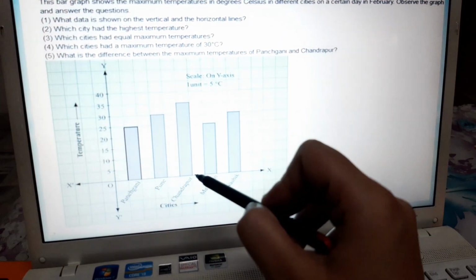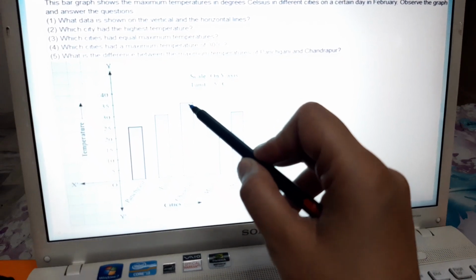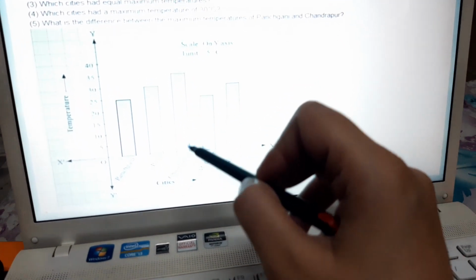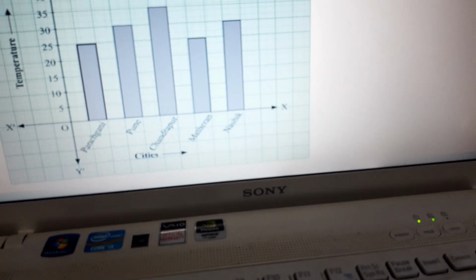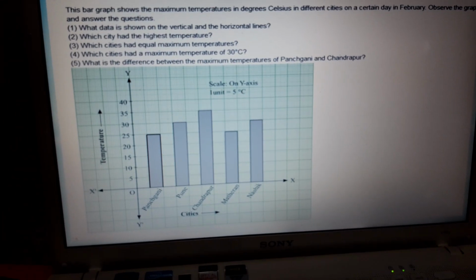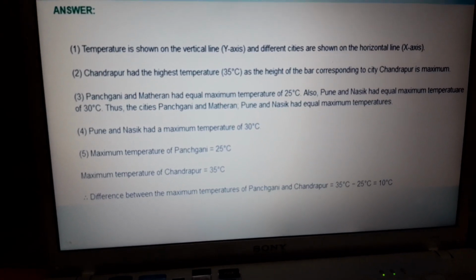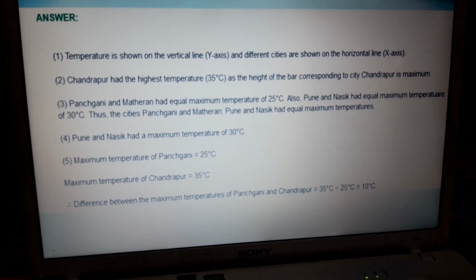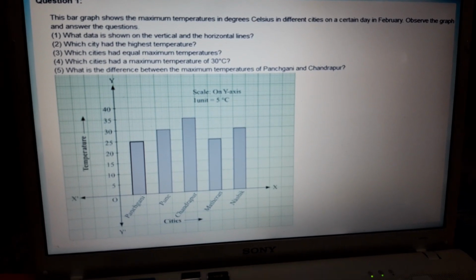Now you can see from here that this bar is having the greatest height, that is 35. What is the name of this city? The name of the city is Chandrapur. So Chandrapur is the city which has the highest temperature, that is 35 degree. Next question is, which cities had equal maximum temperatures?